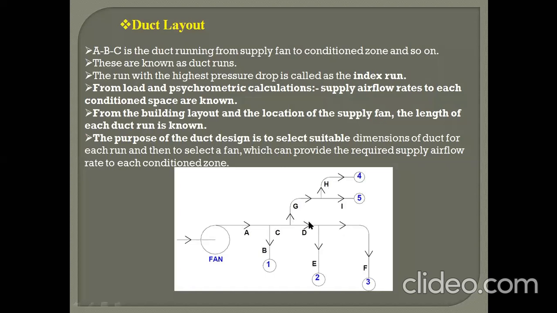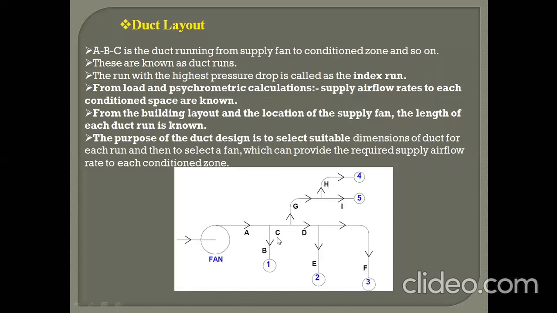Clear? From the load and psychrometry calculations, we already learned how to calculate the supply flow rate to each conditioned space. Suppose your office has 5 rooms, and you have to condition these 5 different rooms. For that, it starts from the air handling unit, whose fan has to supply air to rooms 1, 2, 3, 4, 5.